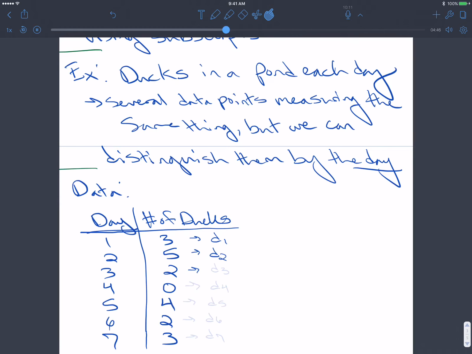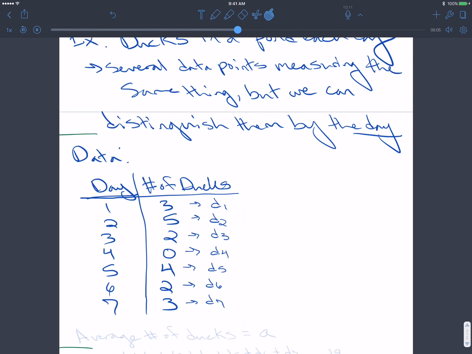The number of ducks on day 3 could be D3, and so forth. D4, D5, D6, D7. And so if I'm going to construct a formula to compute the average number of ducks on these 7 days, the formula to compute that average number, so let's say I want to call that just A.